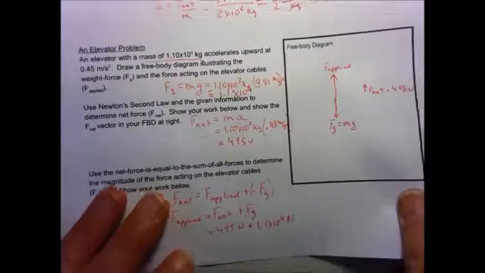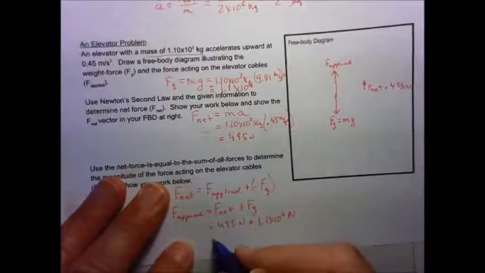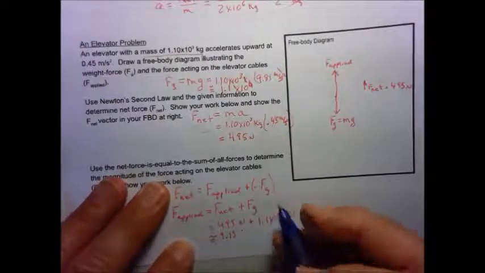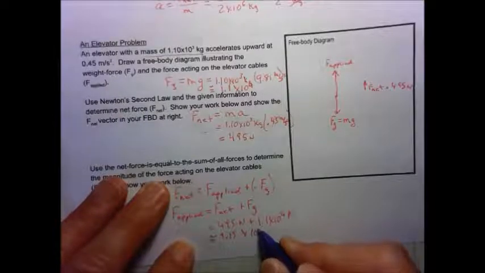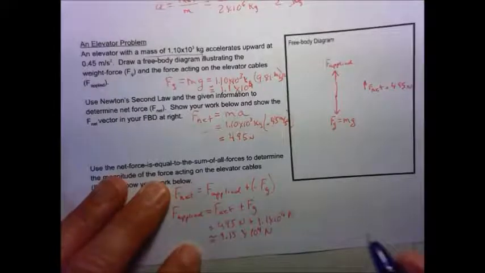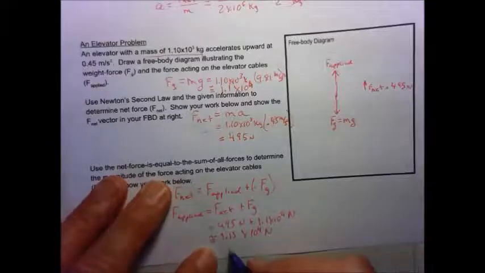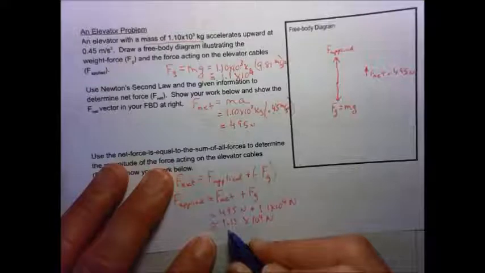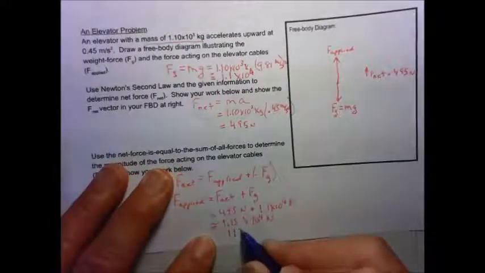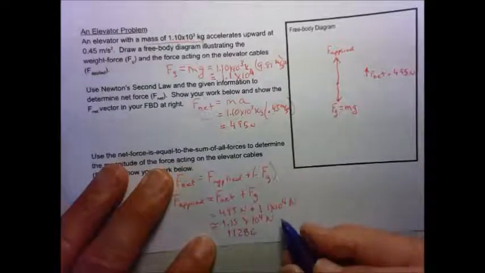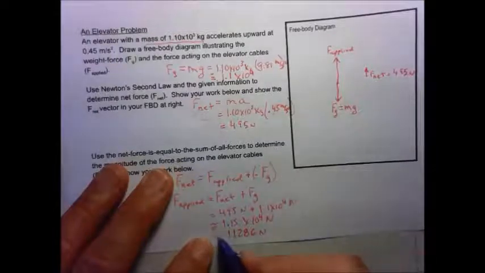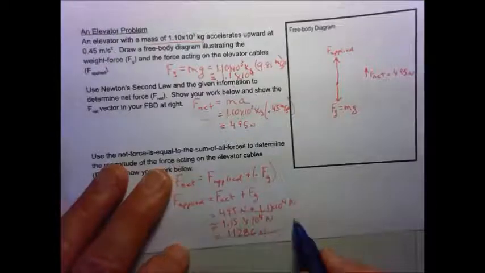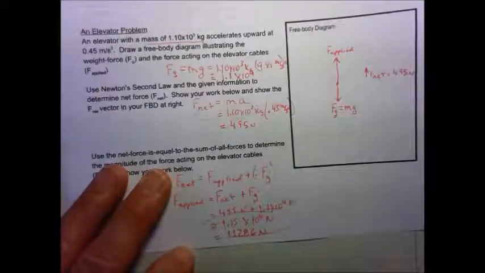This is going to be approximately equal to 1.15 times 10 to the 4 newtons. That's what I did, but some of you, if you carried all your numbers, this is with sig figs, probably got a number like 11,286 newtons without sig figs. So I was looking for either of these two.